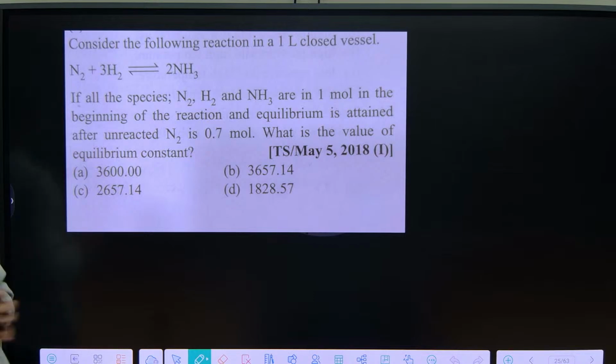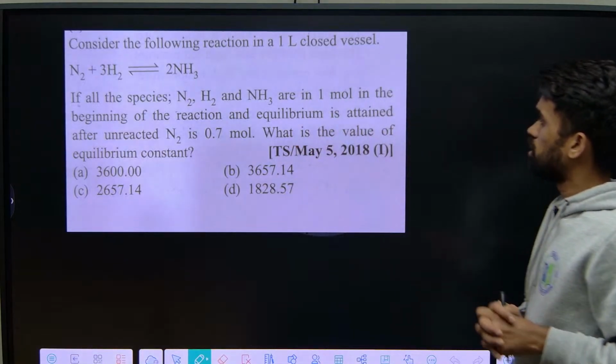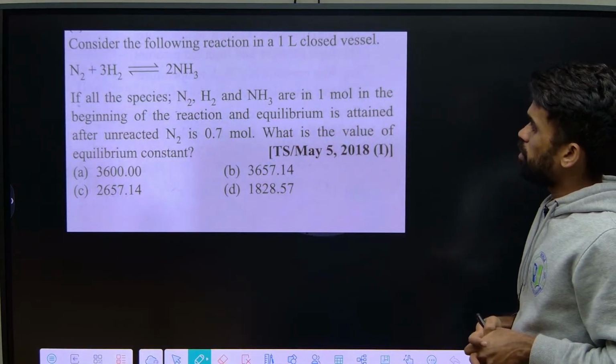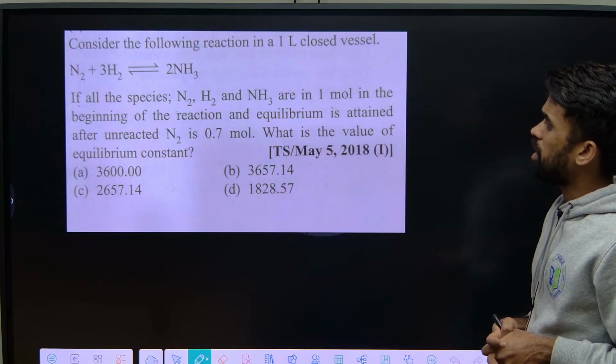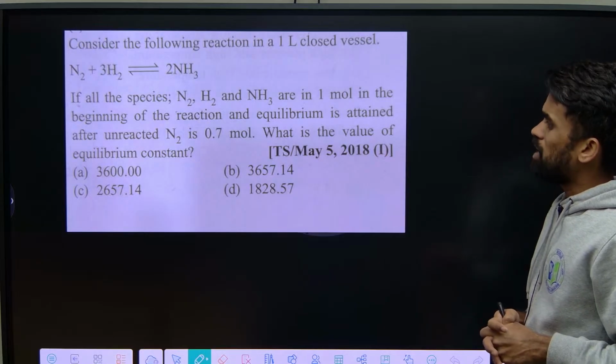If all the species N2, H2, NH3 are 1 mole in the beginning and equilibrium is attained after which unreacted N2 is 0.7 mole, what is the value of the equilibrium constant?